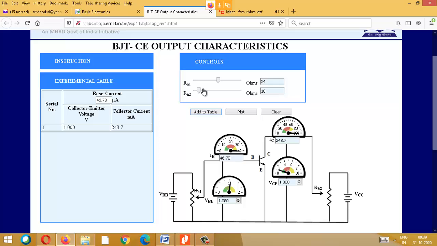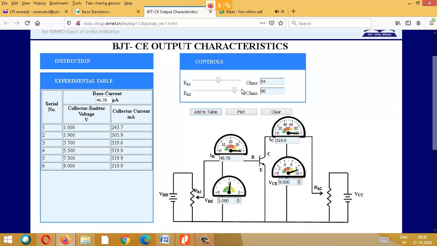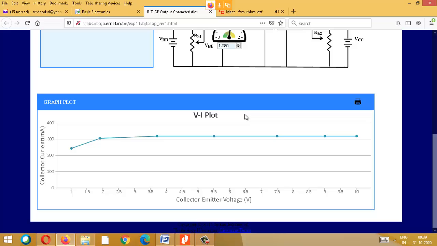So I am repeating the procedure. See, now what is the difference you have seen? The level of current has risen. See, it has come to 300.